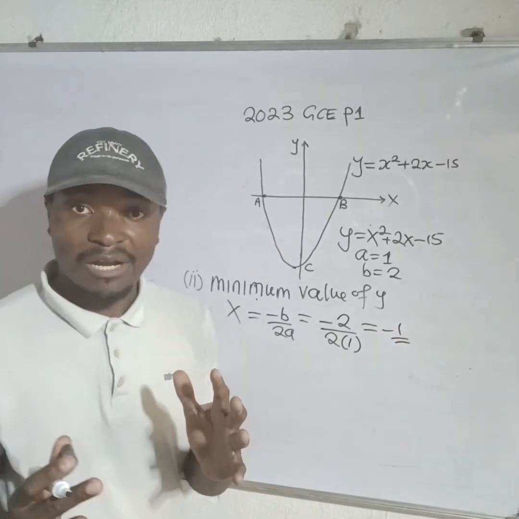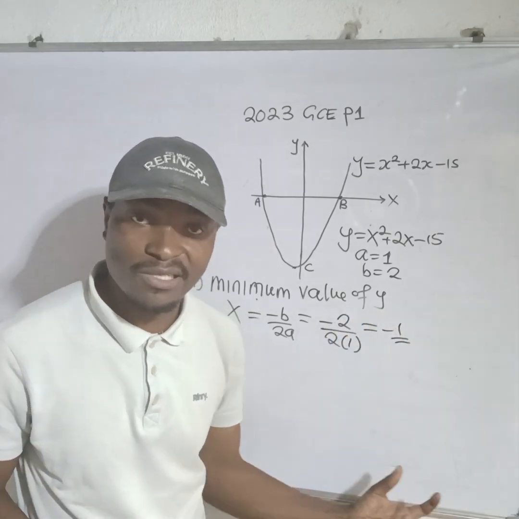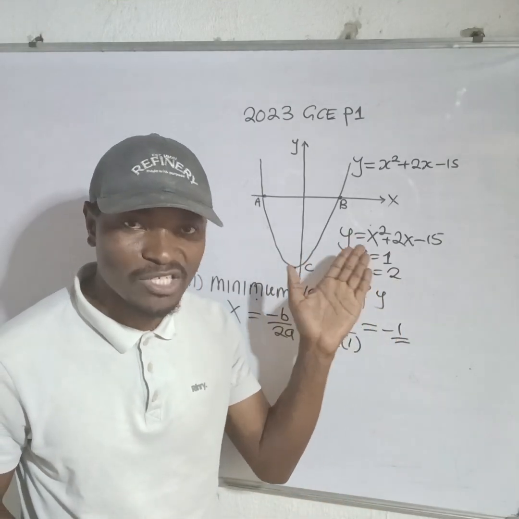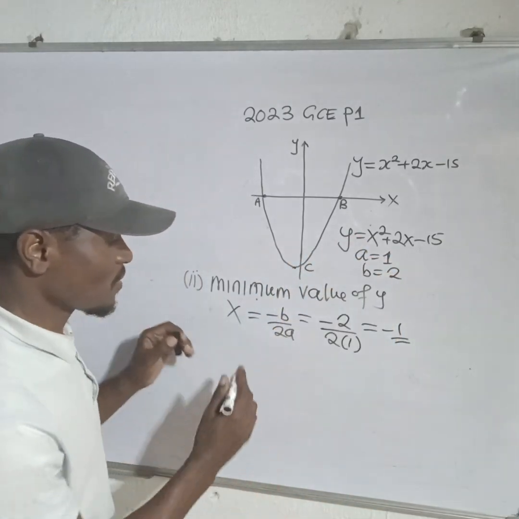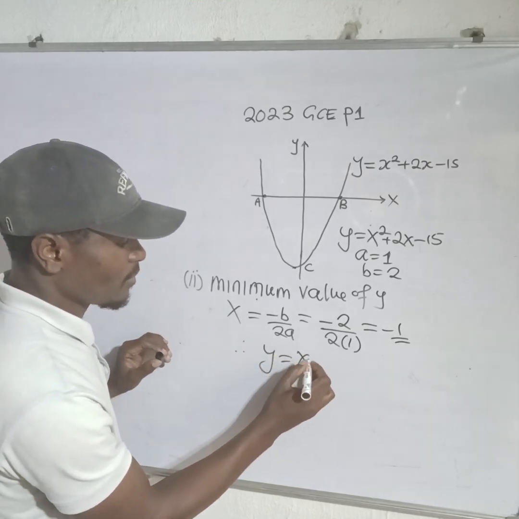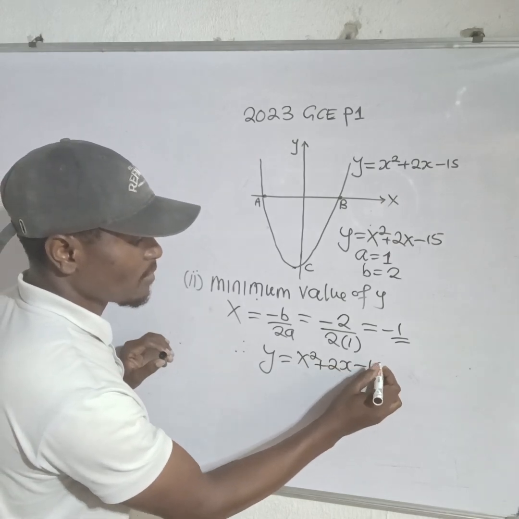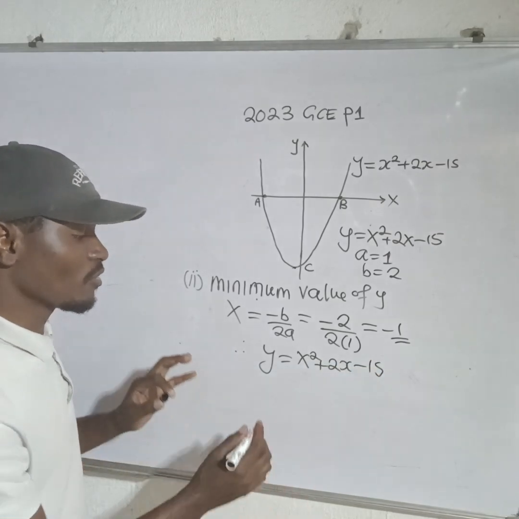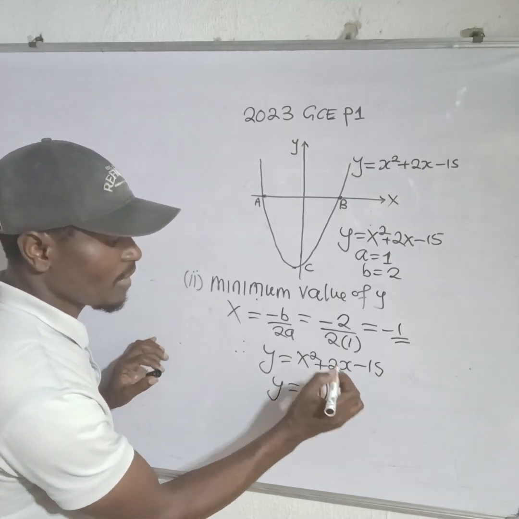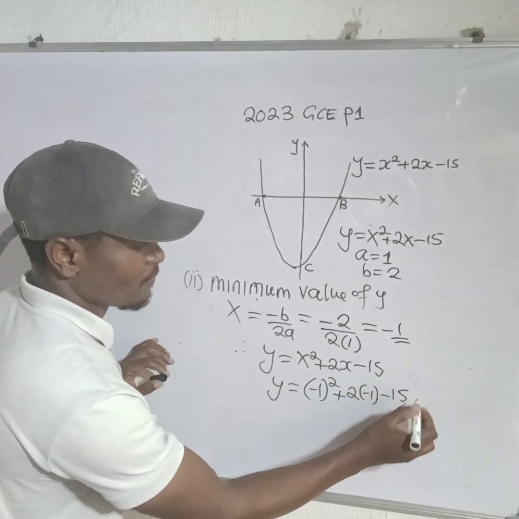Now after you do that, all you're going to do is take the value of this x and plug it back into the original equation. So y equals x squared minus 2x minus 15. Now I'm just replacing x with that value, and then minus 15.